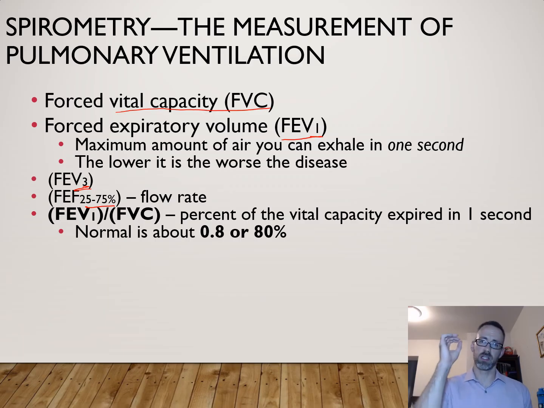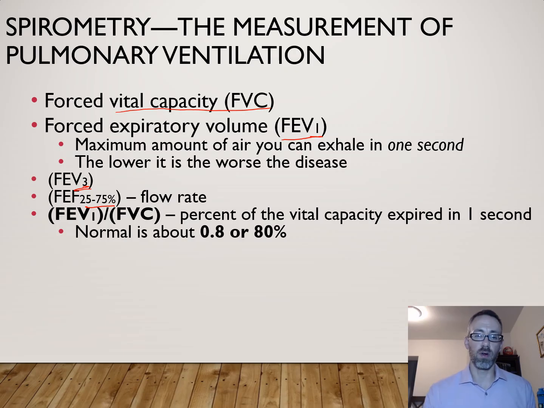And so we'll mark at the 25% mark is 25% of the volume that's been expired. And then at 75% point, when 75% of the volume has been expired. And between those 2 points, we can draw a line, and then we calculate the slope of that line. And the slope of that line gives us the rate of flow. And that's a good indicator of certain types of diseases, which I'll show you in the next slide.